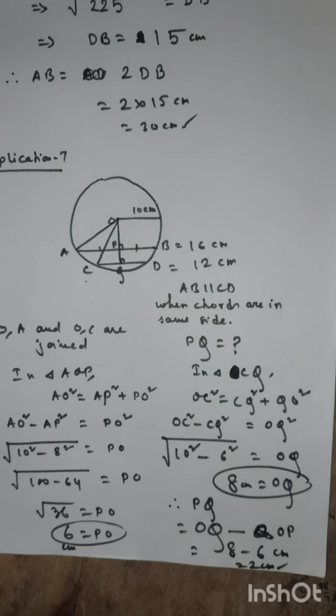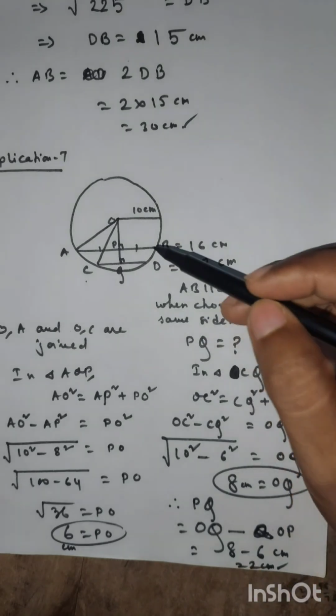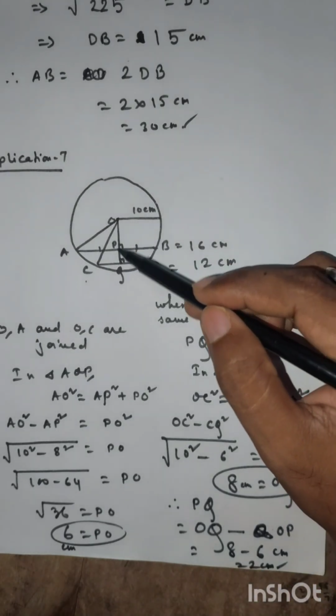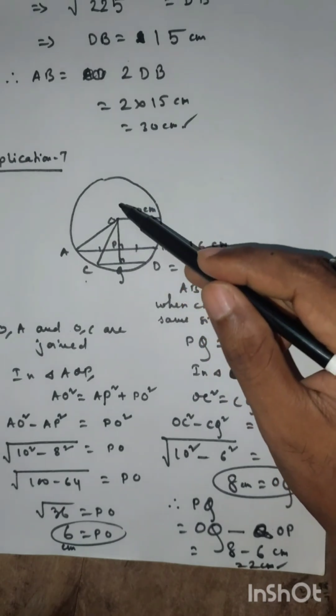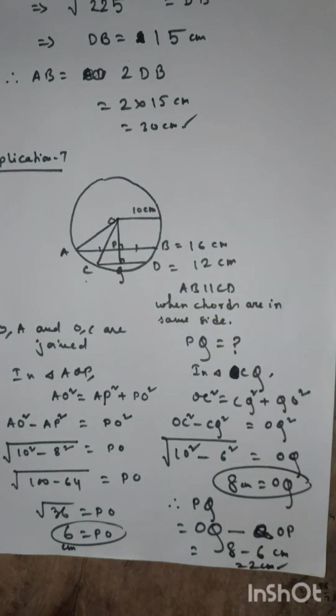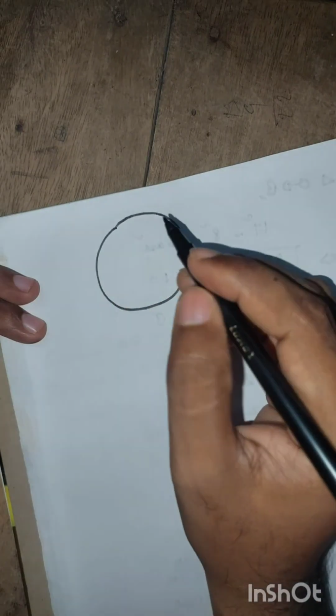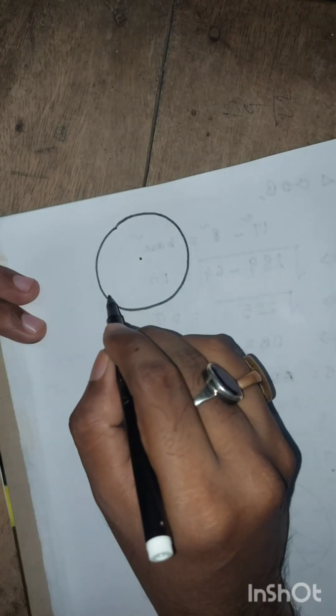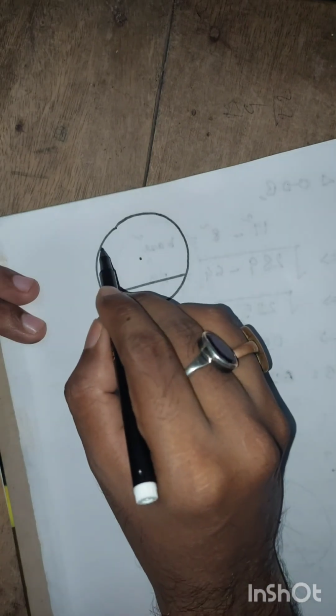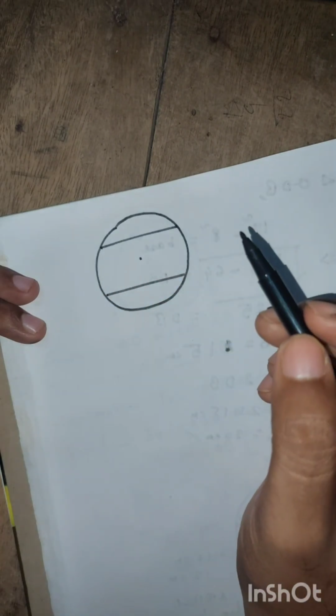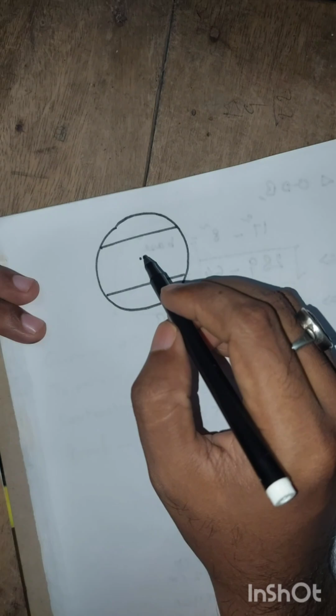Now same question, but these two chords are in opposite portion of the circle. So this is a chord and this is another chord.